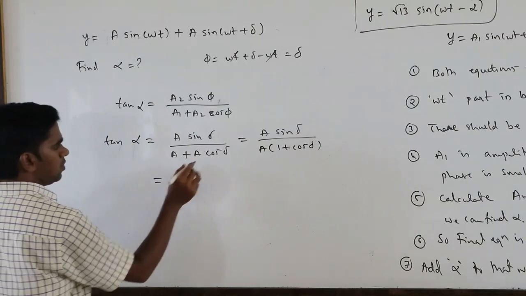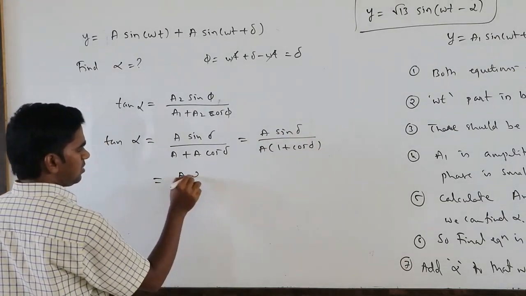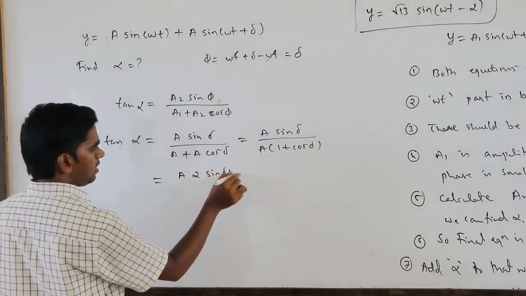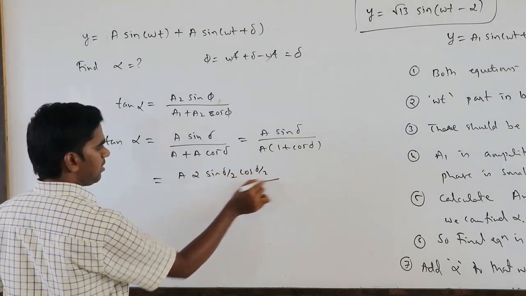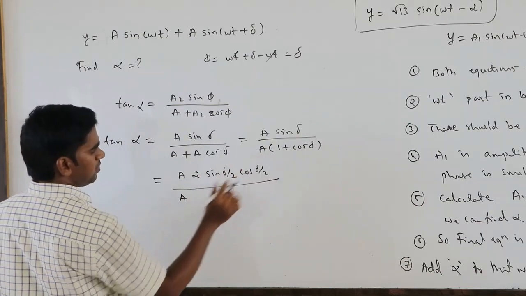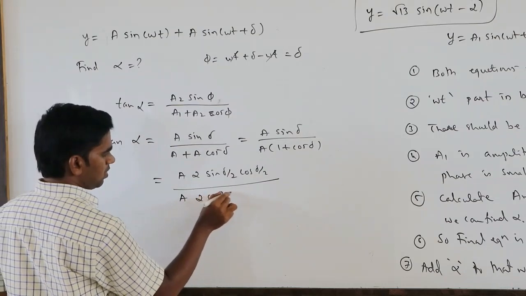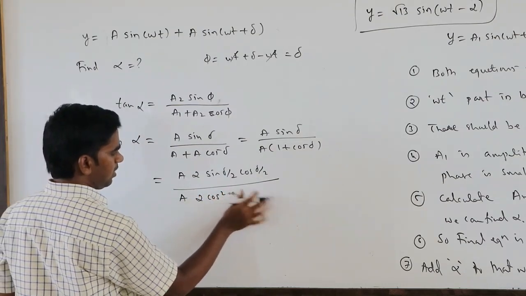Now we can write sin delta as 2 sin delta by 2 cos delta by 2, divided by a, written as it is, and 1 plus cos delta we can write as 2 cos square delta by 2.